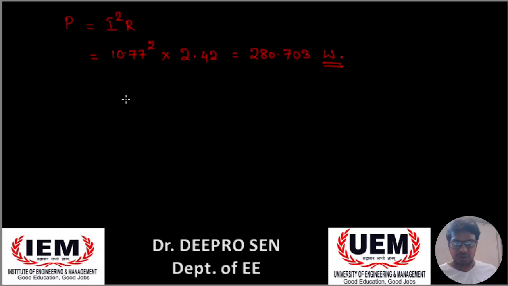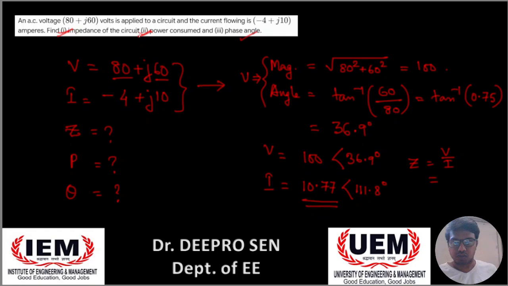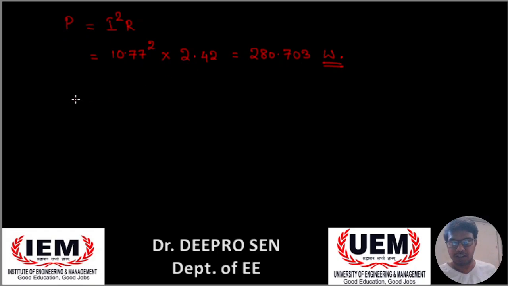So as per the problem, the power consumed has been found out, and finally we'll go for the phase angle. So phase angle theta can be found out in a very simple way.